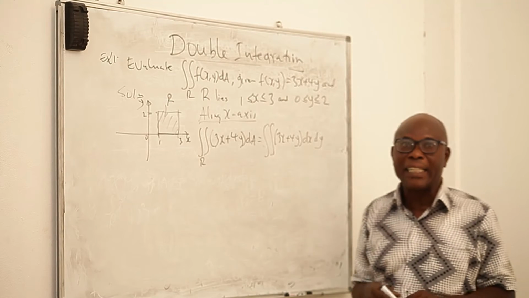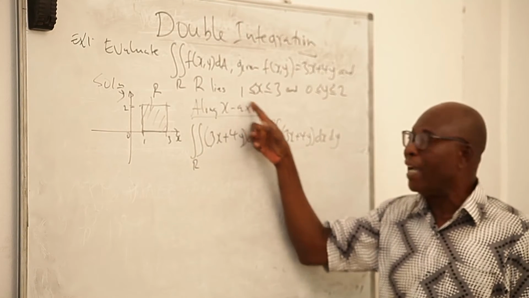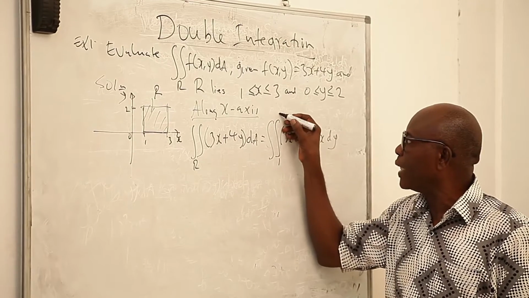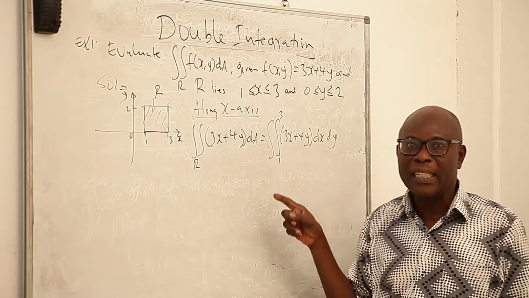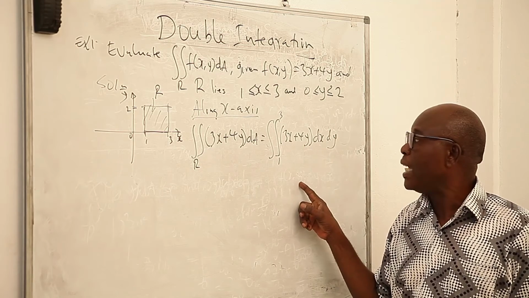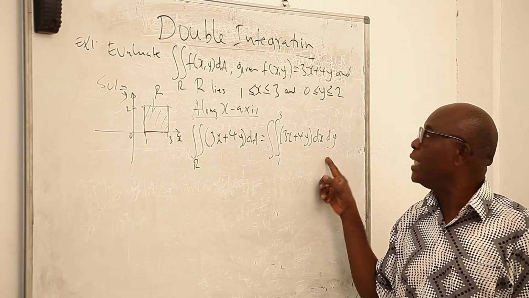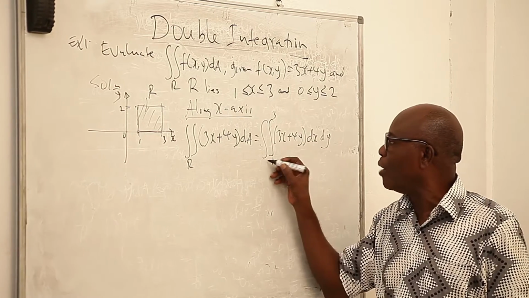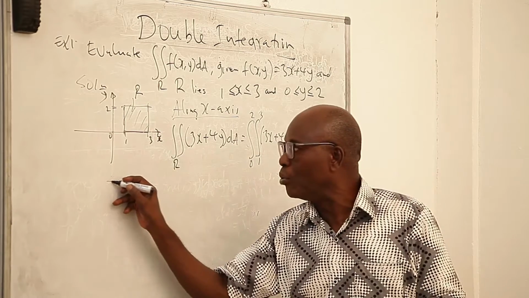Now the iterated integral, since we are working with x first, the lower limit of x will be 1, and the upper limit of x is going to be 3. We do the inner integration first, integrating with respect to x. When we finish, we integrate the outer one with respect to y, where y moves from 0 to 2. So now we are ready to integrate.